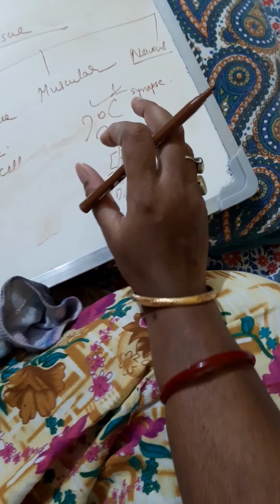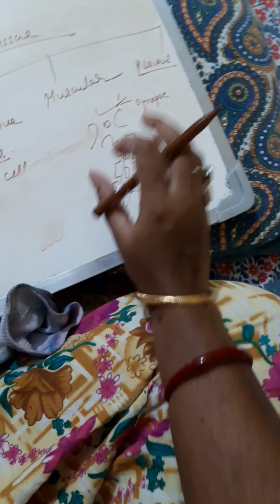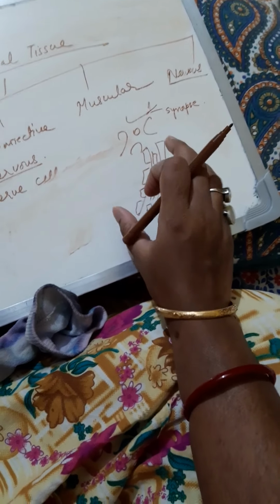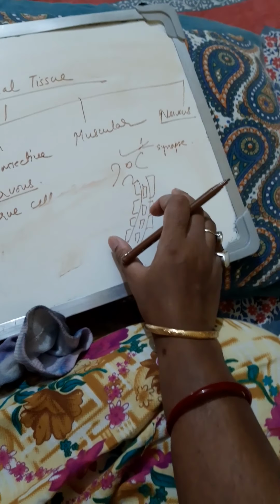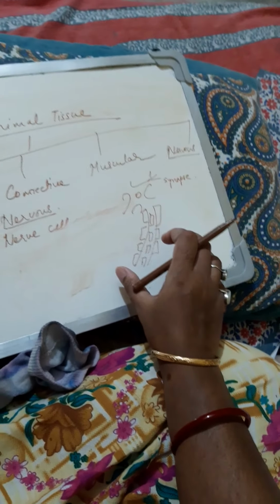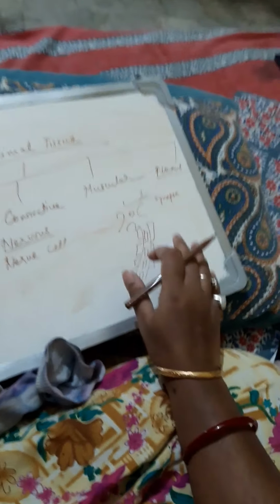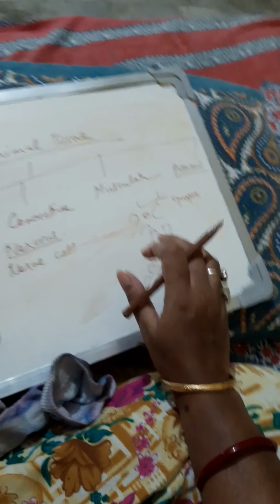Basically, you need to study the structure of the nerve cell, the neuron, deeply. You should know how to draw the structure and what the parts are. The labeling of the neuron is very, very important. So please draw it in your notebook and label it.